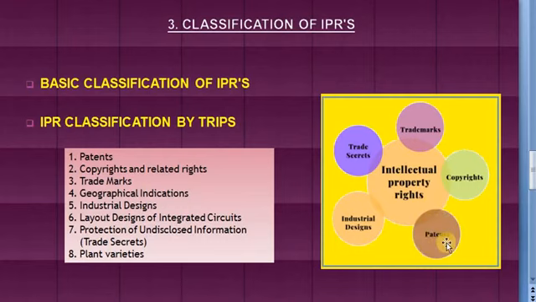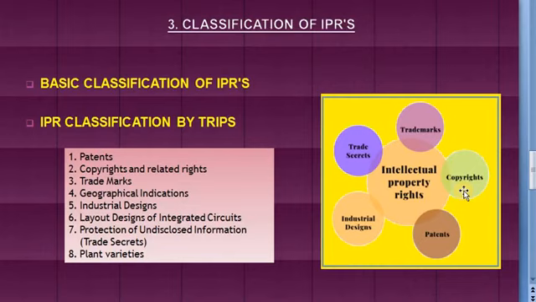So another category is copyright. A copyright refers to original expression and works of authorship. It means it is given to the person who creates a copyrighted work. The copyrighted works may be a painting, photograph, music, dance, poem or novel.